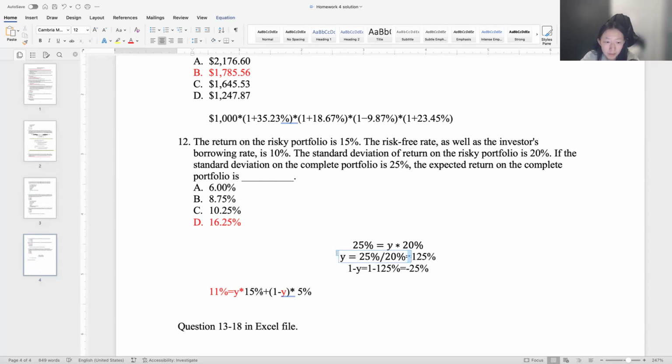And the risky portfolio return is 15%, so I don't need to change 15% here. Investor's borrowing rate is 10%, so I'm changing this to 10%. And we're solving for R. And I need to change the y to the weight that we calculated, and this one will be negative 25%.